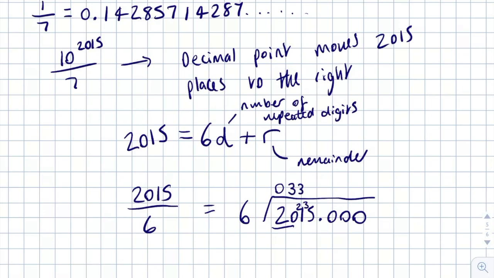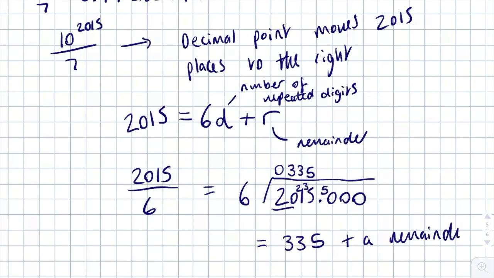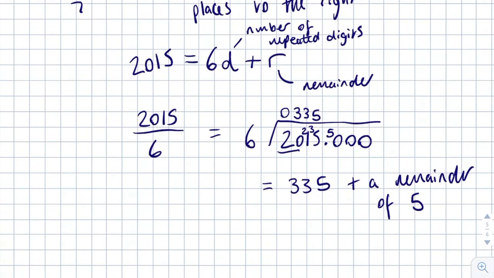That's going to be 5 with a remainder of 5. So I can say I'm going to get an answer of 335 plus a remainder of 5. So therefore D is going to be 335 and R is going to be 5.